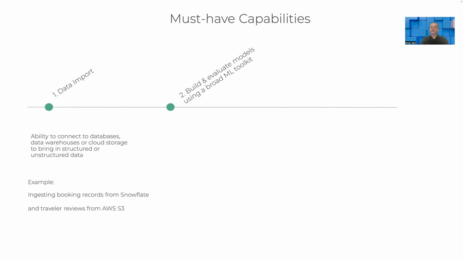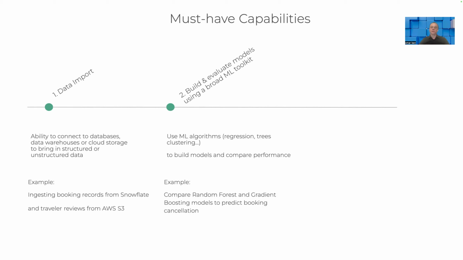The second must-have capability here is building and evaluating models using a broad ML toolkit. And here we're using machine learning algorithms like regression, trees, clustering to build models and compare performance. An example here would be using random forest or gradient boosting models to predict booking cancellation and seeing which one applies best for this specific scenario.